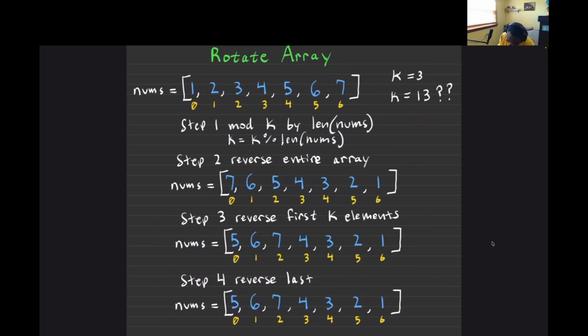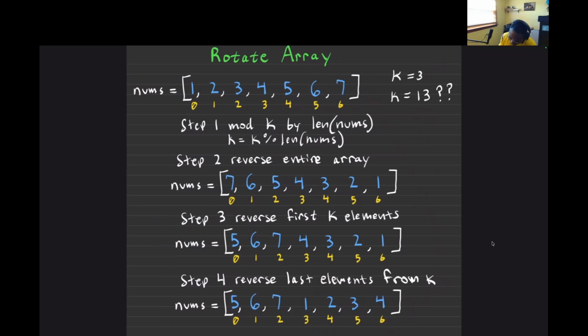So from K, we have 3, right? So we're gonna reverse these. So this comes here. And all right, let's see, does this work? This is the solution, okay? Because if we were to rotate this by 3 to the right, like we shift these 3, this is what we end up getting. And that's it, okay?